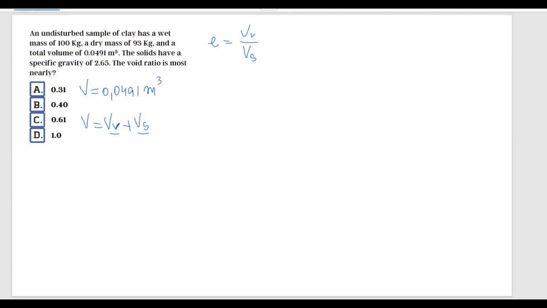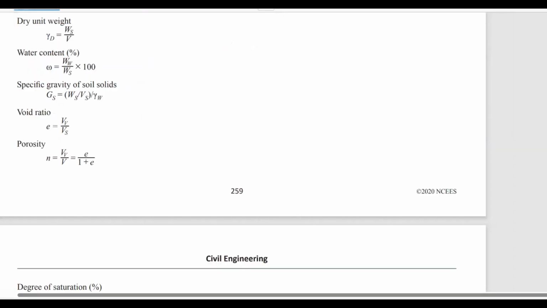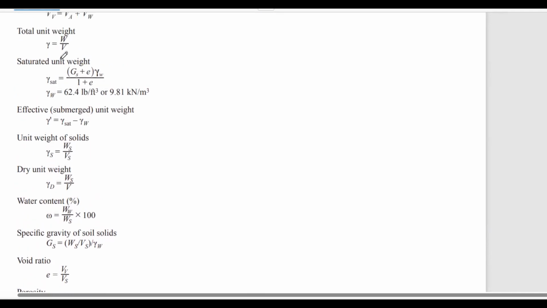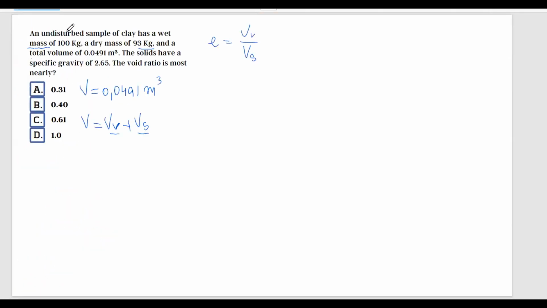What I wanted to talk about today was the difference between mass and weight. Notice how in this problem you are given the mass as 100 kilograms and then the dry mass of 93 kilograms. And when we have the formulas for gamma in the FE handbook, everywhere you're given the weight. So gamma, the total unit weight, is equal to the weight over the volume.